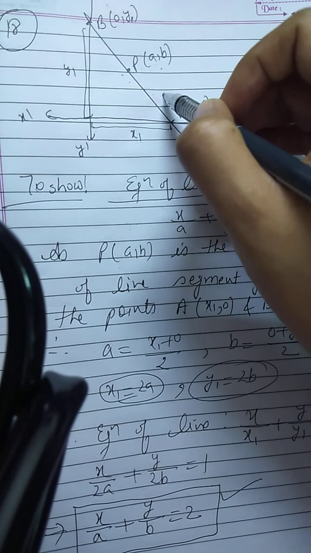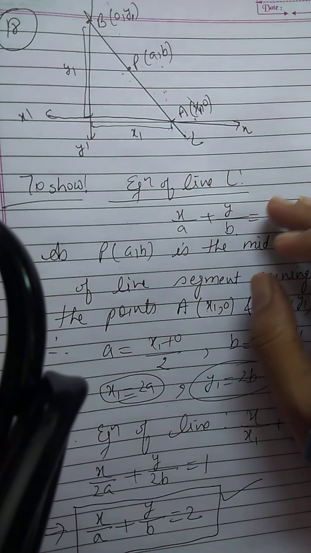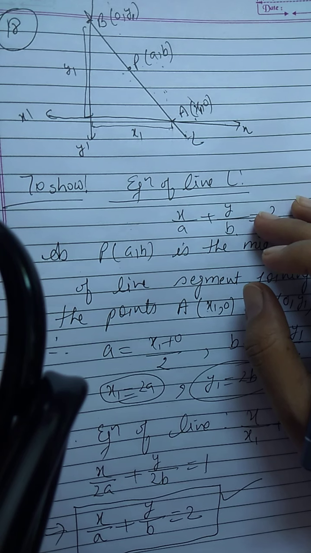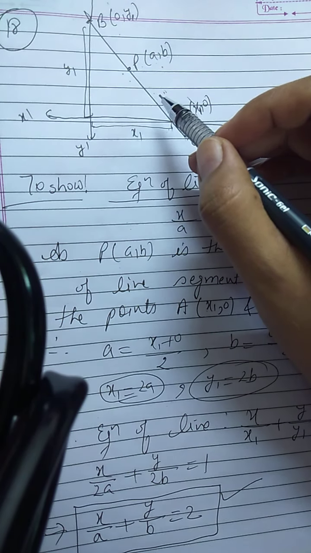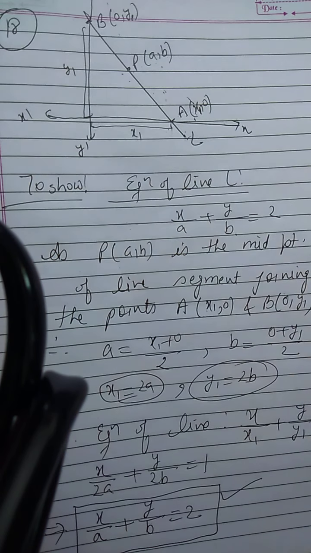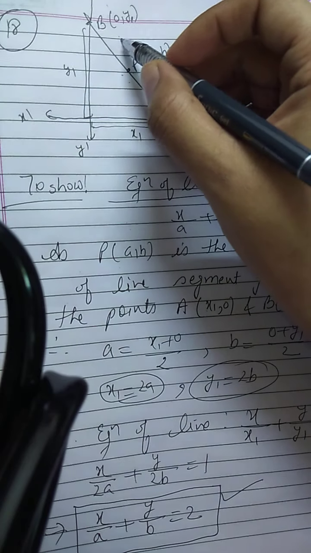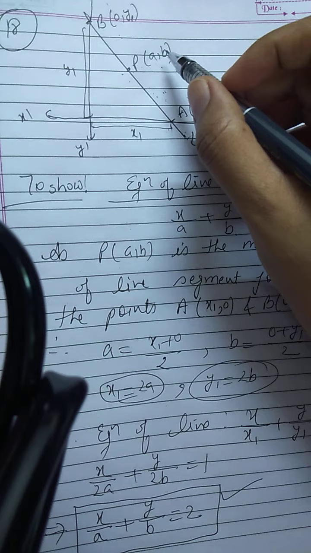So here 1 we will write, here 2 we will write, because when we take the line we go from x to y, so the ratio we will take like that. It is a 1:2 ratio that is given, so 1 here and 2 here, and by the section formula you will find the coordinates of R.